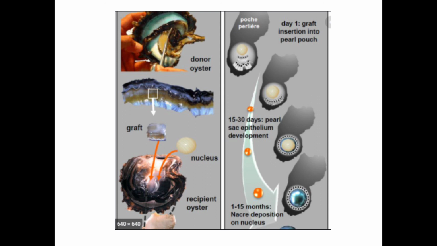Then harvesting. Oysters attain maximum size in about 5 to 6 years, and the fully grown oyster can be collected, killed, and left to decompose. The shells can be removed. You can see in this image, we can just open the oyster shell, and the shell can be removed, and we can take the pearl.